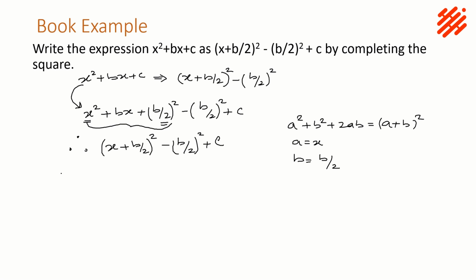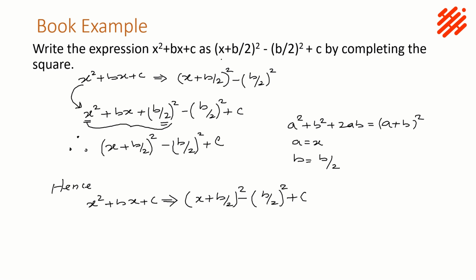So hence we have arrived at the expression using completing the square: x square plus bx plus c equals (x plus b by 2) the whole square minus (b by 2) the whole square plus c. So hence we have achieved the goal.